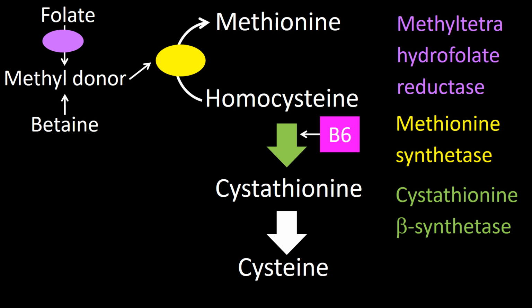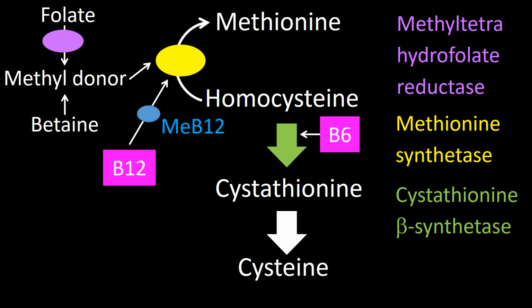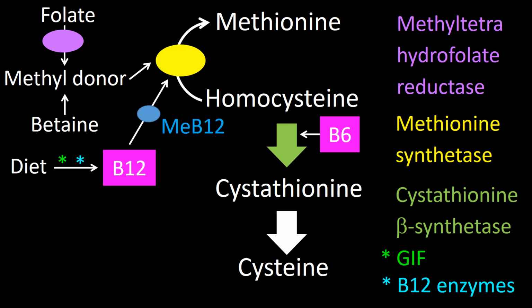In addition to a methyl unit, methionine synthetase requires a form of vitamin B12, methylcobalamin, colloquially called methyl B12, that arises from B12. B12 is absorbed from the gut using gastric intrinsic factor, and in order for it to become useful, it has to go through a process using many different enzymes.